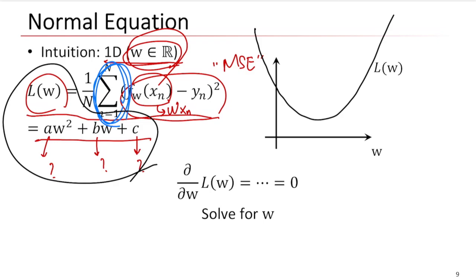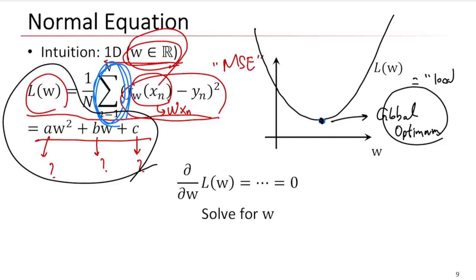In this case, this point will be the global optimum. It is also equal to the local optimum. What does that mean?